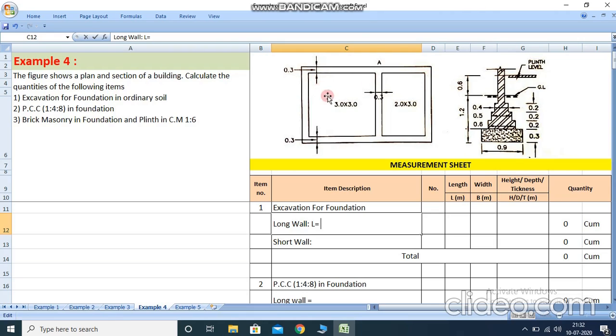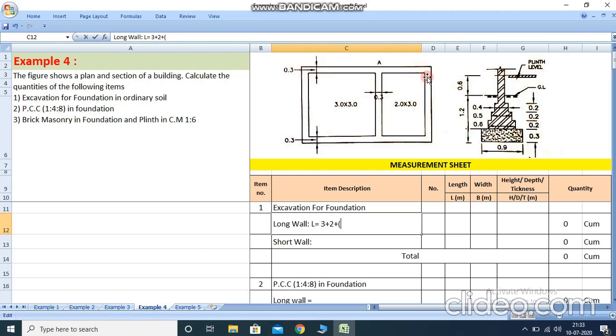First we take the dimension, 3 meter is the length of one room and the other room length is 2 meter. So we write 3 plus 2, clear, plus here 3 walls are given with thickness 0.3. See this cursor, 1, 2 and 3. 3 wall thicknesses are given.